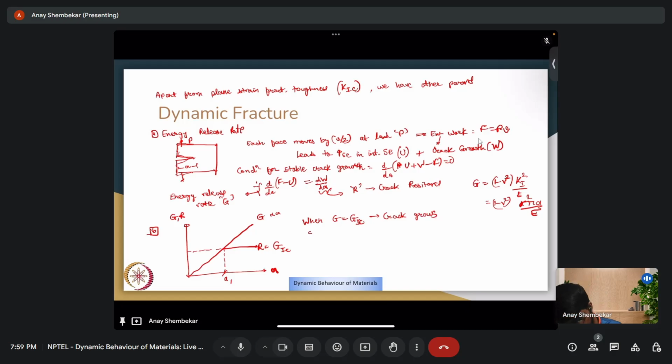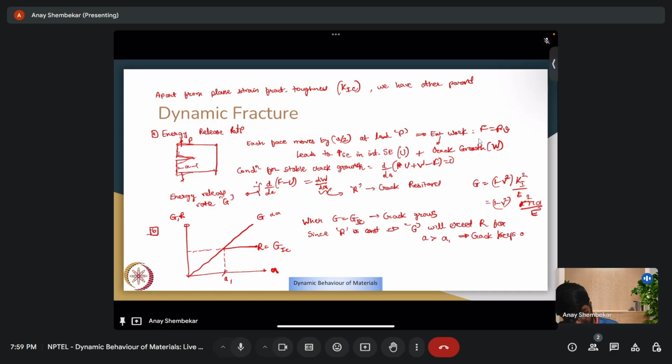And since the resistance R is constant, it implies the energy release rate G will exceed R for any crack length A greater than A1, which means crack keeps on growing.